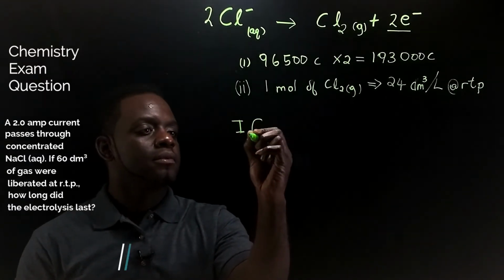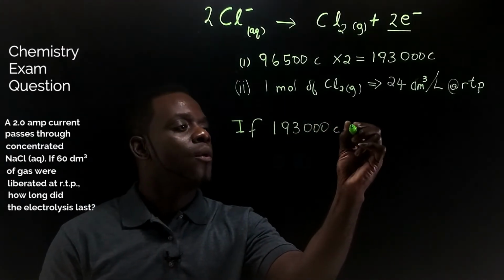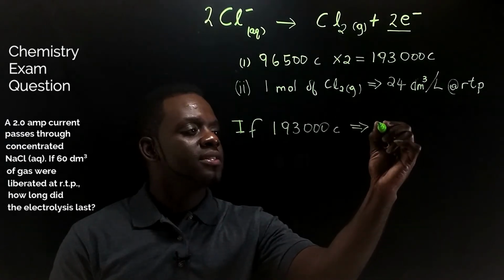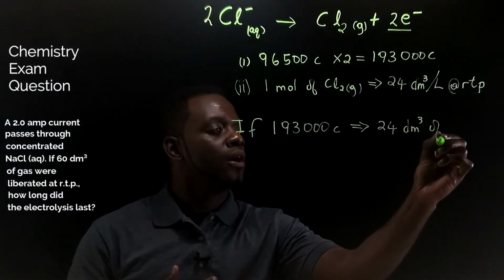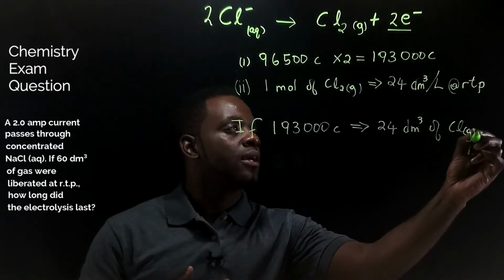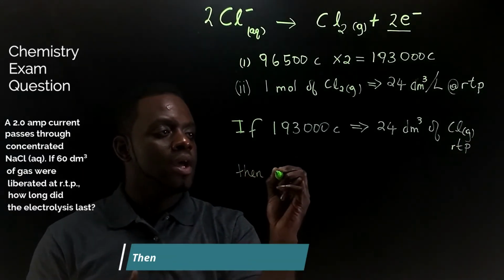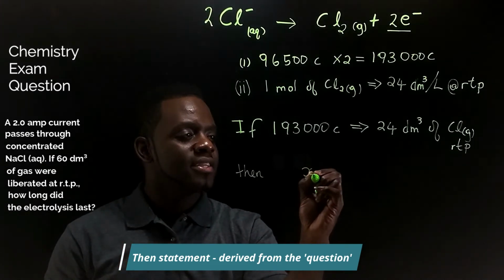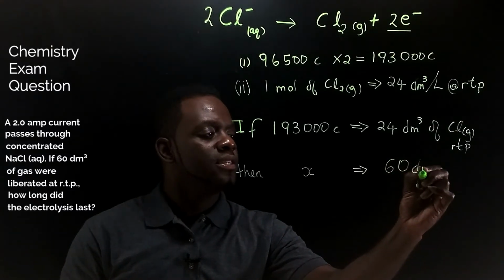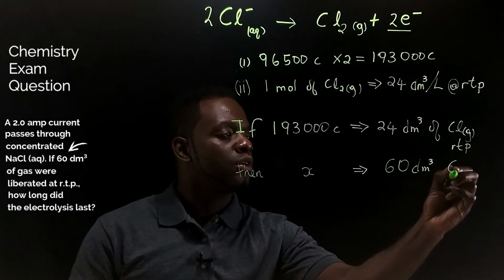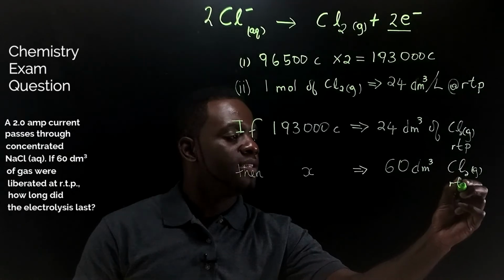If 193,000 coulombs will liberate 24 dm cube or liters of chlorine gas at RTP, then an unknown amount, we'll call that X, will liberate, and this comes from the question, 60 dm cube of chlorine at RTP.